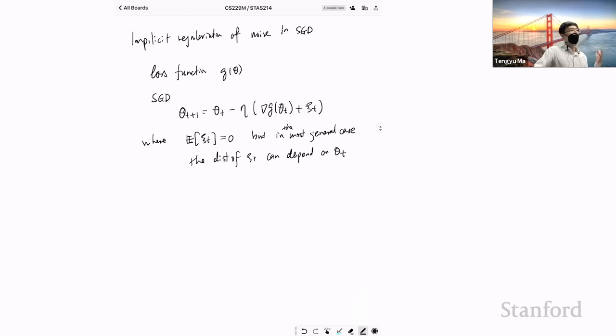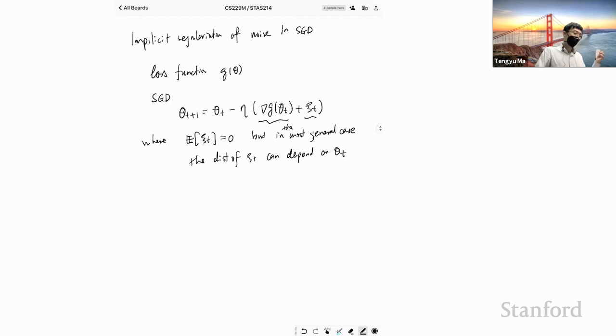You can see this formulation, at least so far at a very general level, does capture, for example, mini batch stochastic gradient descent as you usually know it. Suppose you take a mini batch gradient with a few samples, then it can indeed be written as the full gradient plus a stochastic variable which has mean 0.